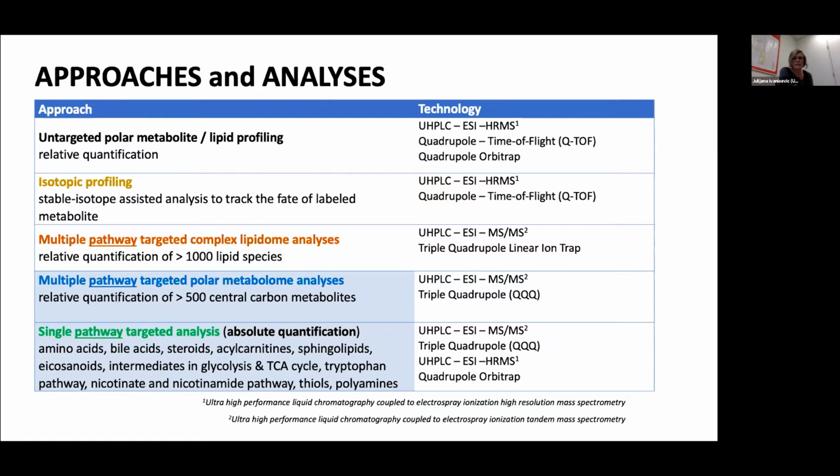This type of analysis is considered a discovery approach without an a priori hypothesis, and it is based on relative quantification. We also perform stable isotope-assisted analysis to track the fate of labeled metabolites.